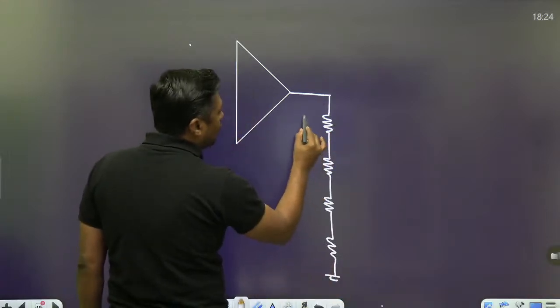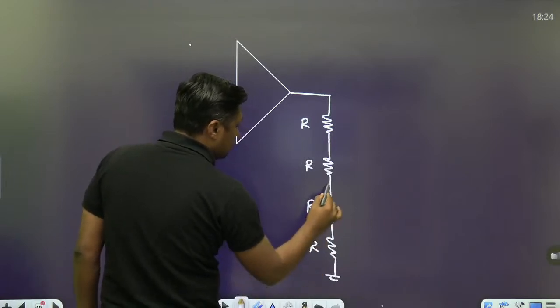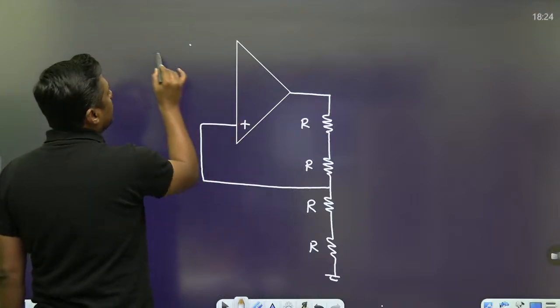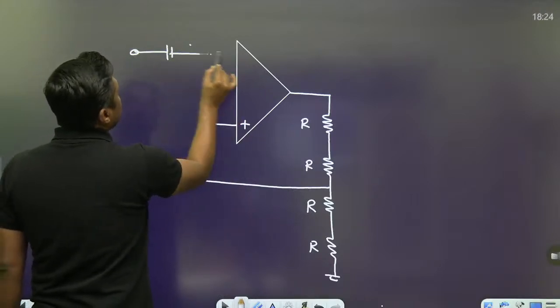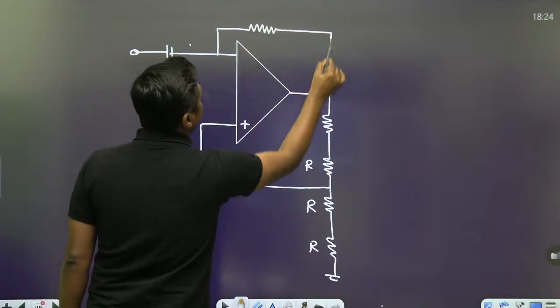We are having 4 resistors. Here we are having the positive feedback. We are having one capacitor here and one resistor here.